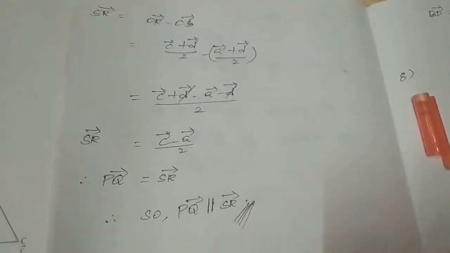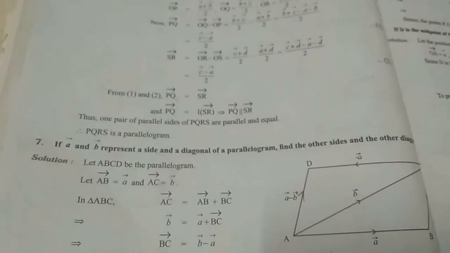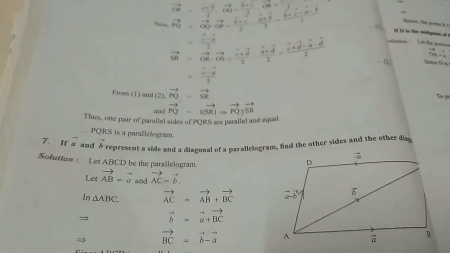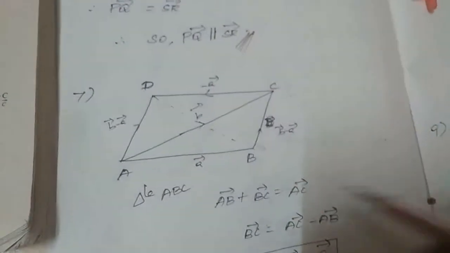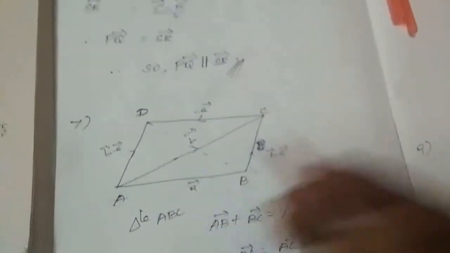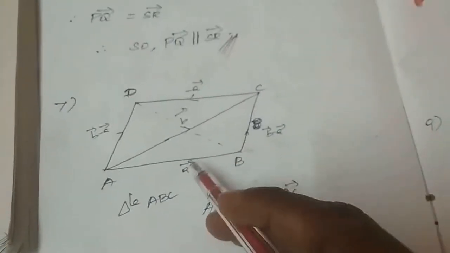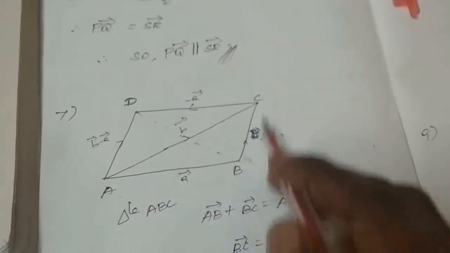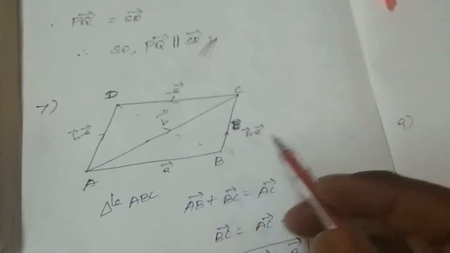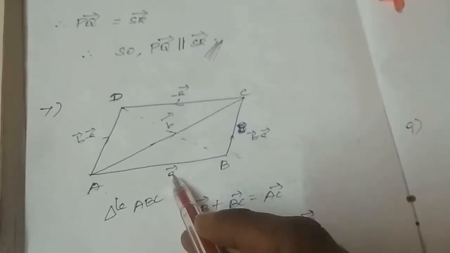Okay, thank you students. Now the 7th one: if A and B represent a side and a diagonal of a parallelogram, find the other sides and the other diagonal. Now the solution. It is a parallelogram with sides A, B, C, D. Here it is A vector.